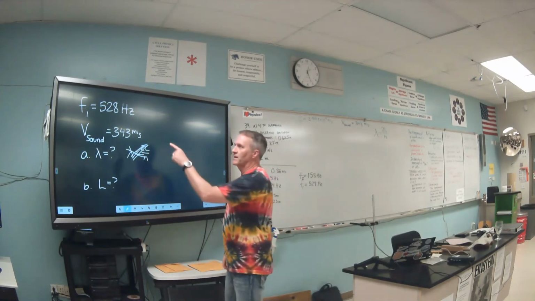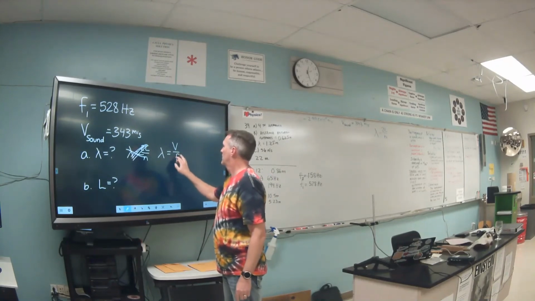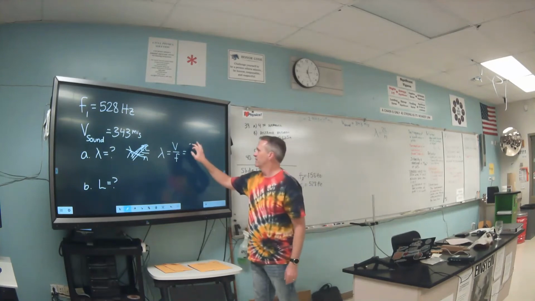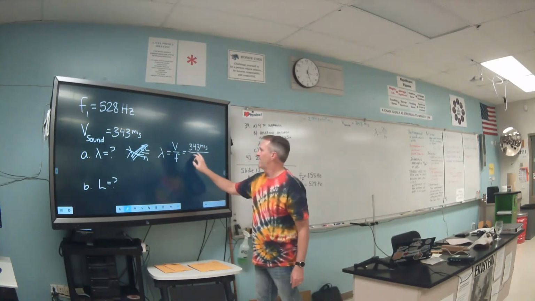Well, the wave speed equation helps me find wavelength because I know speed and frequency. I can take 343 meters per second and divide it by 528 hertz.